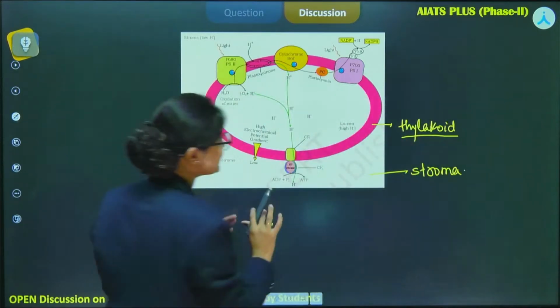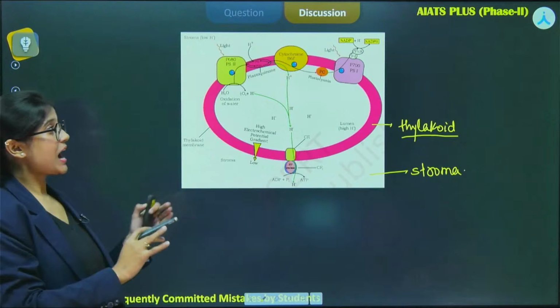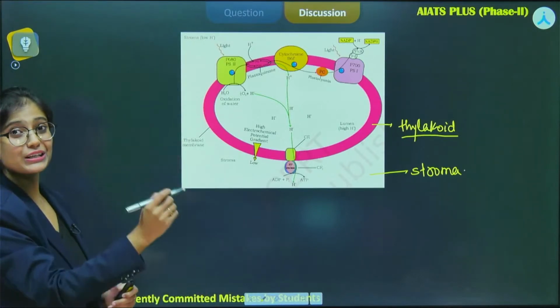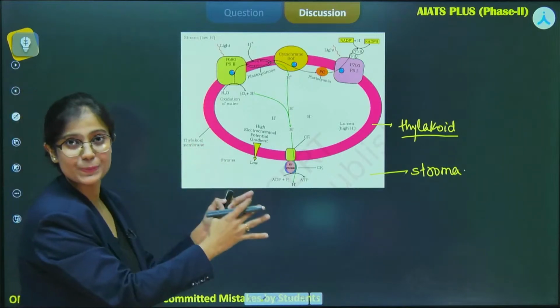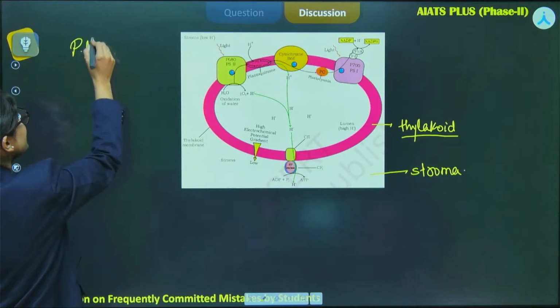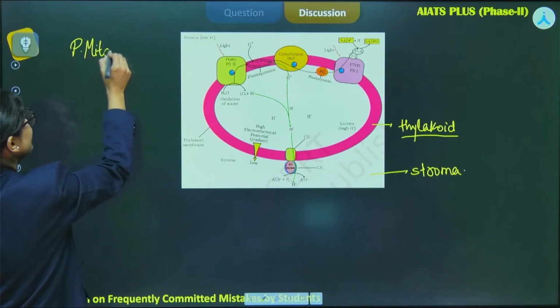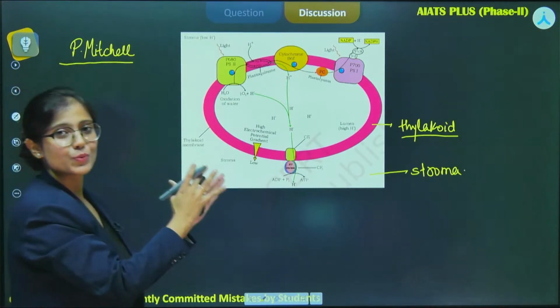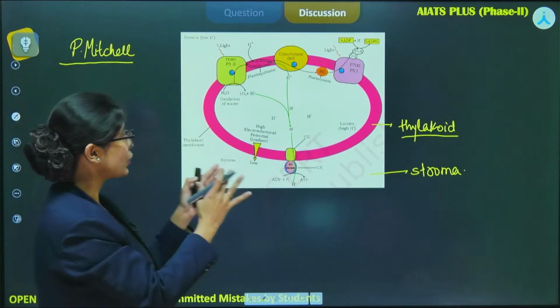Okay, now let's start how basically this works. First of all, I would like to start with who has explained this. It was first explained by P. Mitchell. This is the chemiosmosis hypothesis in the chloroplast.